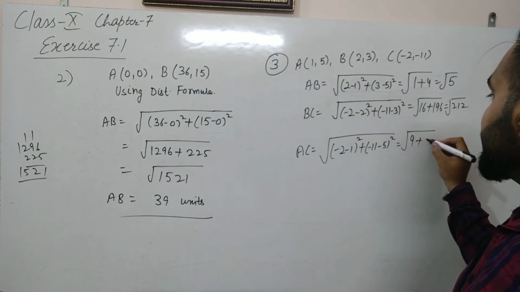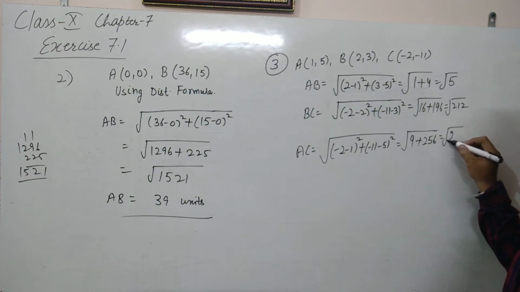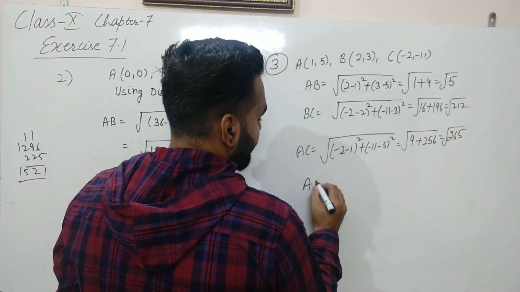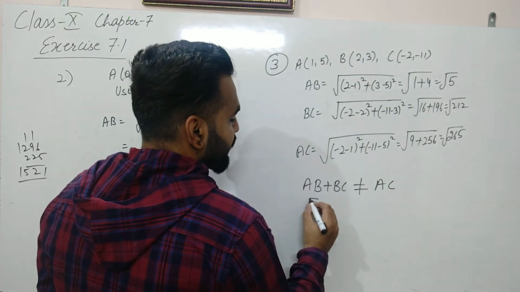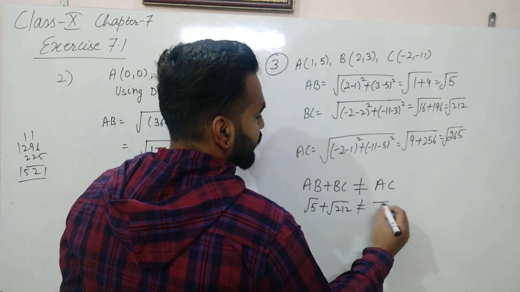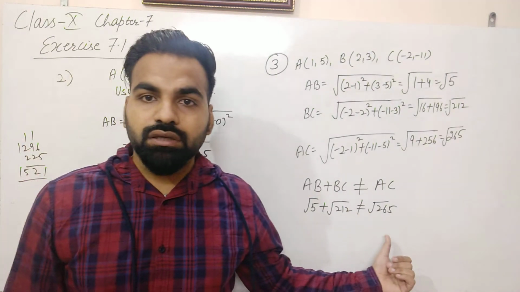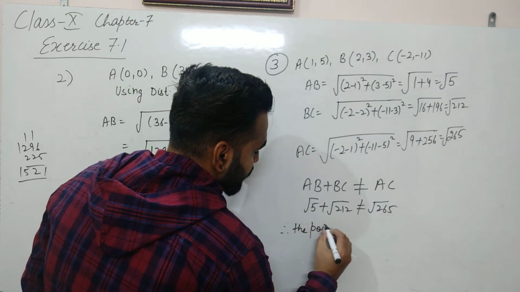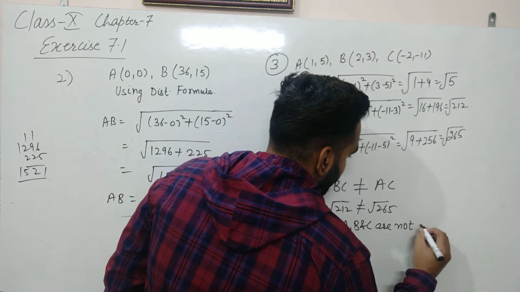This is minus 16 square is 256. So this is equal to root 265. So now we can see that AB plus BC is not equal to AC. That is, root 5 plus root 212 is not equal to root 265. Sum of 2 distances is not equal to the third one. So therefore the points A, B and C are not collinear.